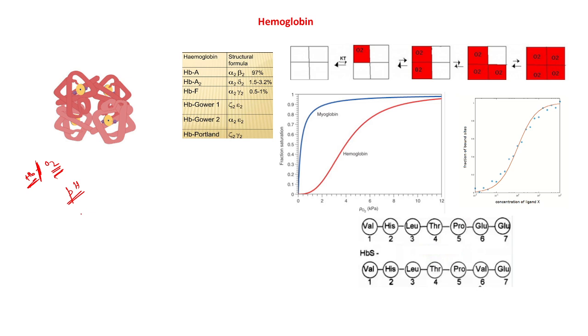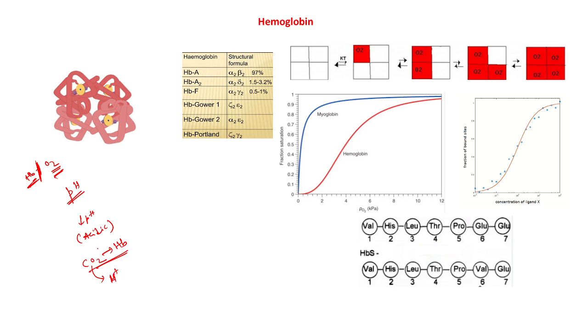So pH means in low pH, that means in acidic condition, carbon dioxide always binds to the hemoglobin, because carbon dioxide can bind easily to the H plus.